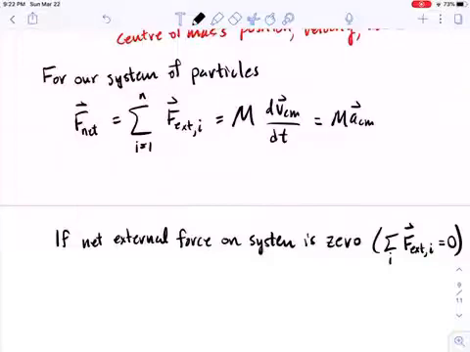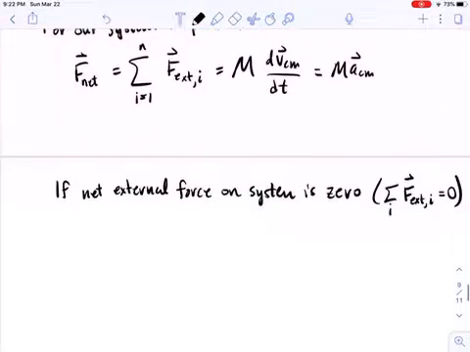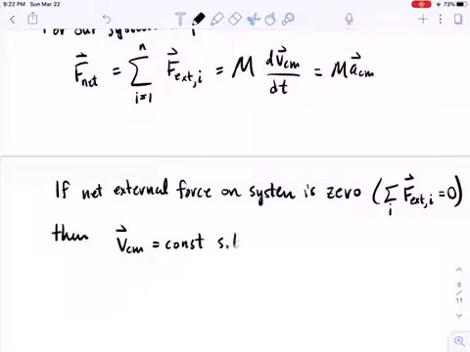It just means that when we consider all of them, they add up to 0. Then we could say that V center of mass is equal to a constant, such that the momentum of our system, m times V center of mass, is conserved.